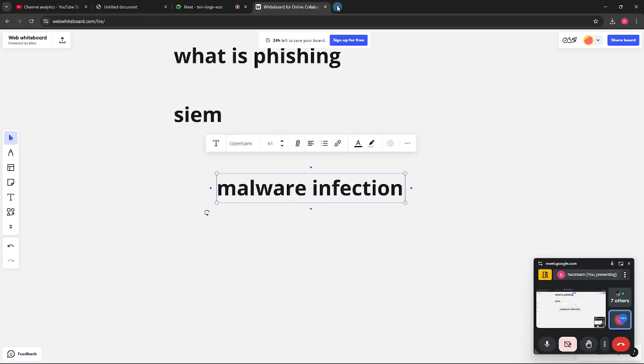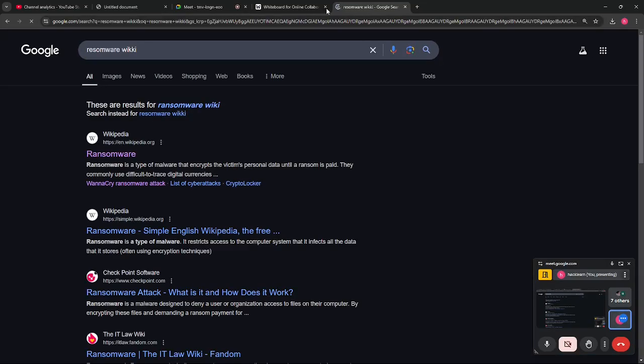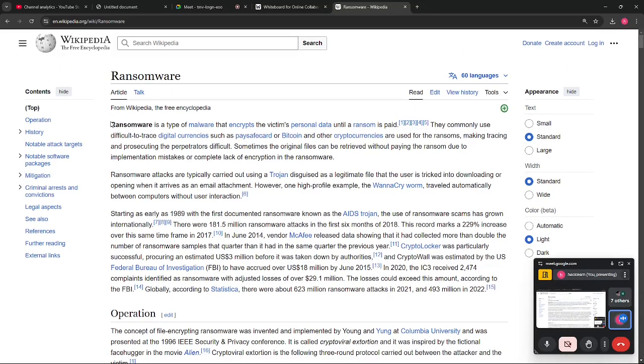If you are not aware of ransomware, you can go to Ransom Wiki after the session to get a more detailed idea of how ransomware works. Most of the time, ransomware is part of the malware community.